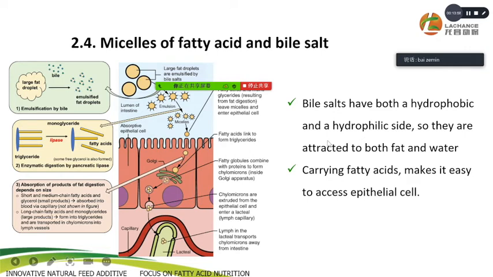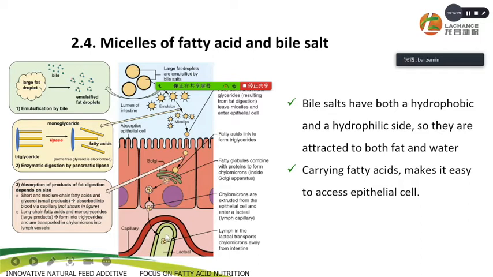So it can attract both fat and water, carrying the micelles close to the absorptive cell, and then finally detaching. Then the short and medium chain fatty acids are absorbed by capillaries and go back to the blood. And the long chain fatty acids form into triglyceride.